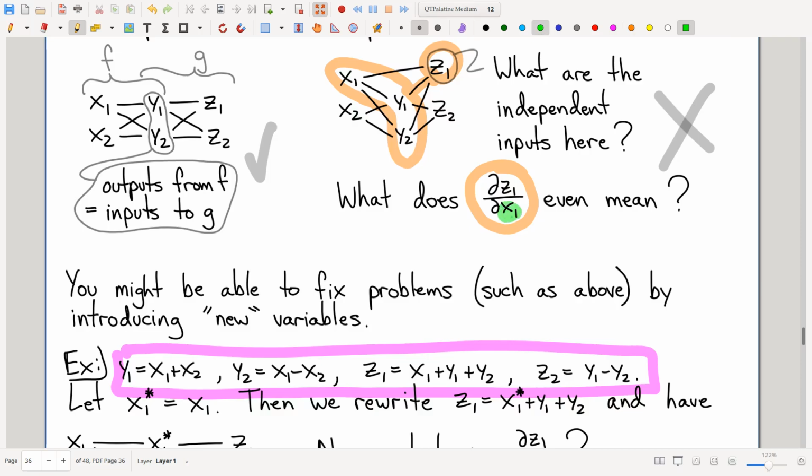Partial with respect to x1, I guess, says I'm going to leave x1 to be the variable. That means I need my other input variables to be constant. And I claim this is already obvious nonsense. What do you mean I'm supposed to vary x1, but then y1 and y2 aren't allowed to change? Right? Doesn't make any sense. Everybody okay with that?